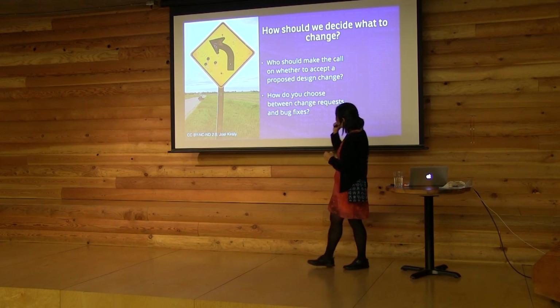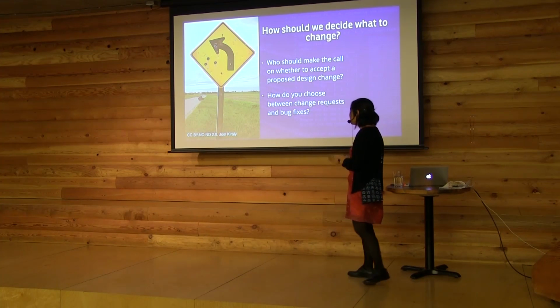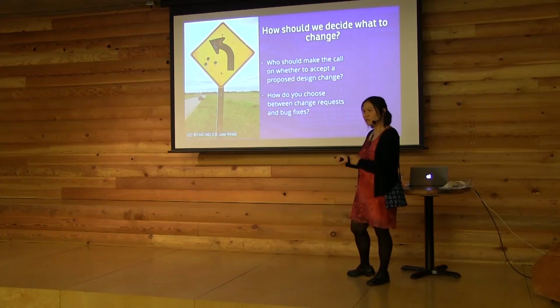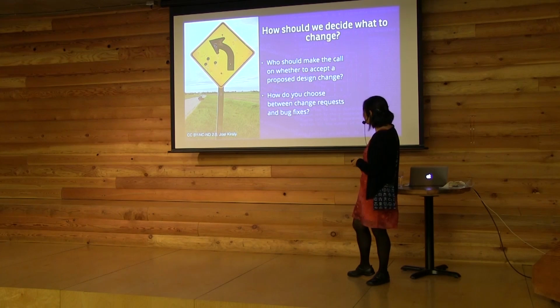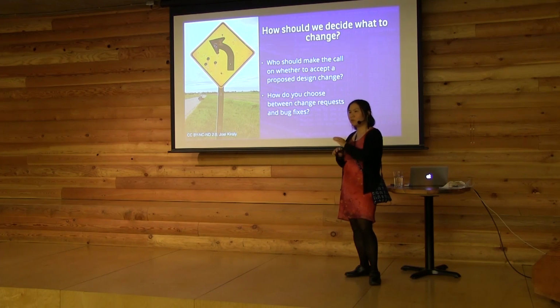So in a change design process, what you're talking about is how do you choose between change requests and the other things you've done. What I've seen, and maybe you can tell me whether this is just what I've seen, is that there's a point in the project where you say, okay, we can't do any more change requests. We're just going to do bug fixes. Anyone work in projects like that, where people just say no change requests?